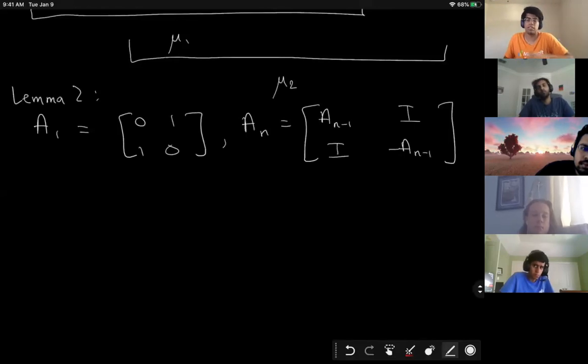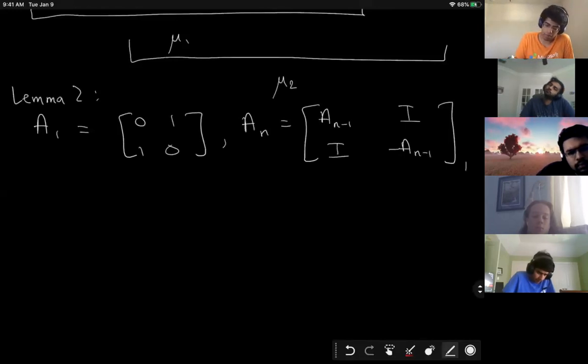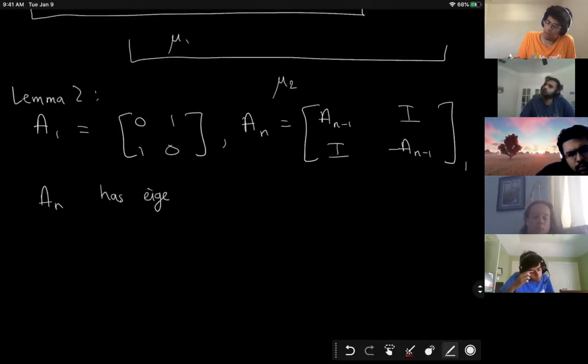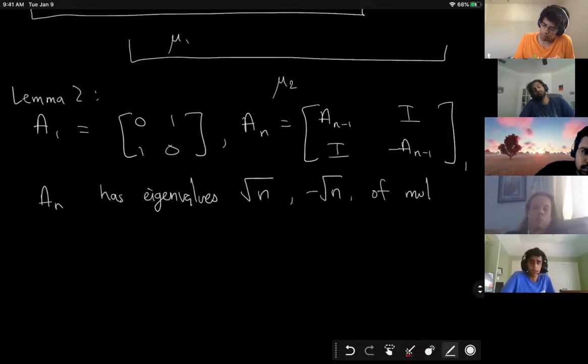So these matrices are put together in blocks, and I is the identity. The lemma is that for these matrices, An has eigenvalues root n and negative root n, each of multiplicity 2 to the n minus 1.